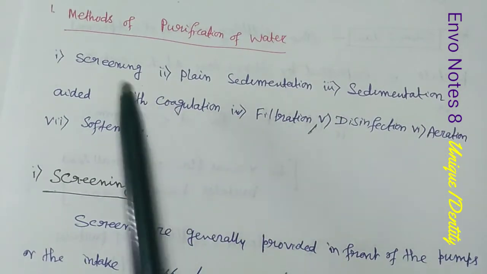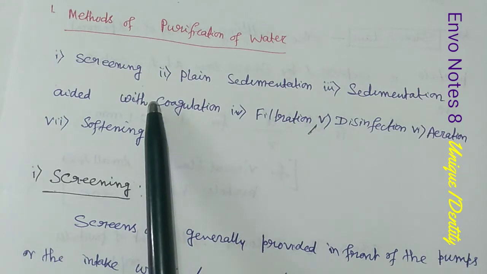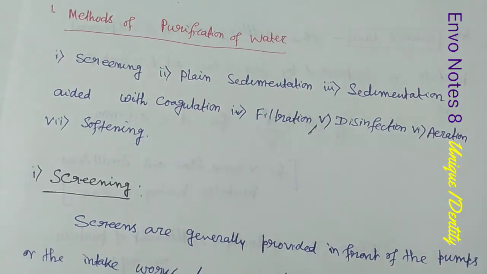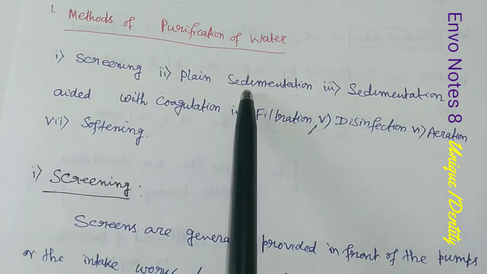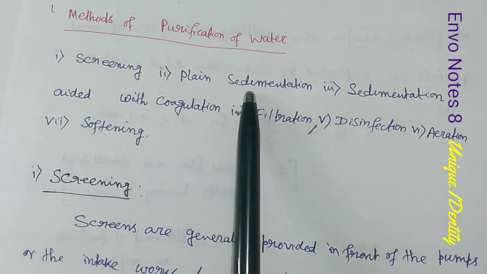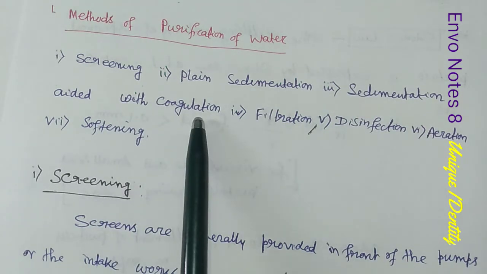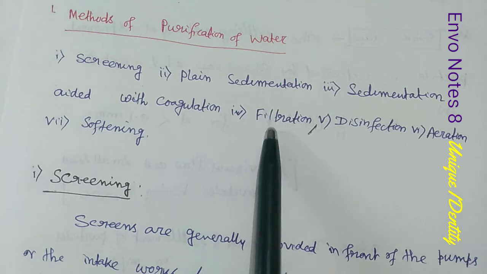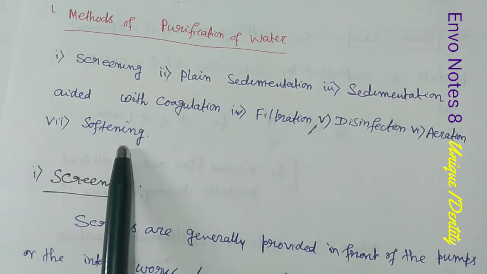Okay. So you all know that there are different methods. I have just mentioned it here, and later I am discussing in detail. Screening, plain sedimentation, that means type 1 settling, sedimentation aided with coagulation, filtration, disinfection, aeration, softening. Okay.